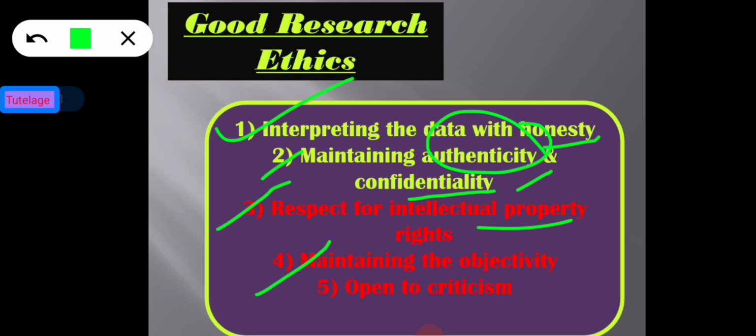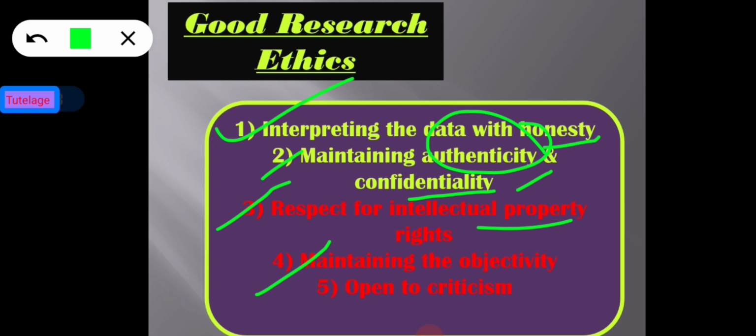Researchers should always try to maintain the objectivity of the research and not involve subjectivity. They should keep research free from personal biases, so that it indicates the real result of the research.